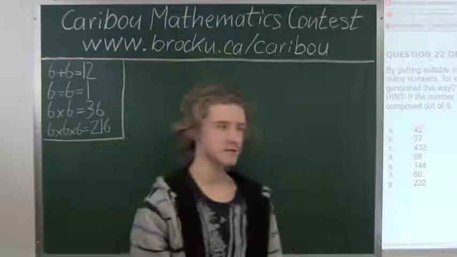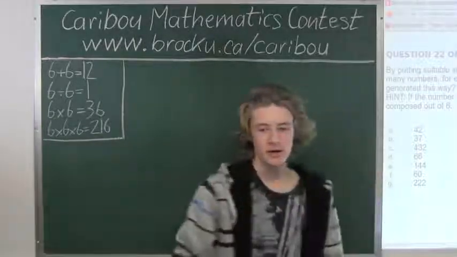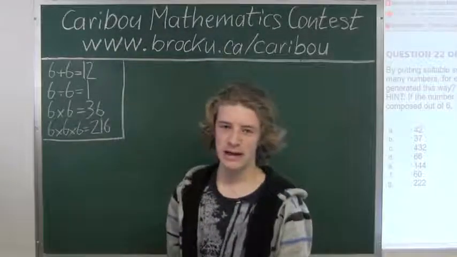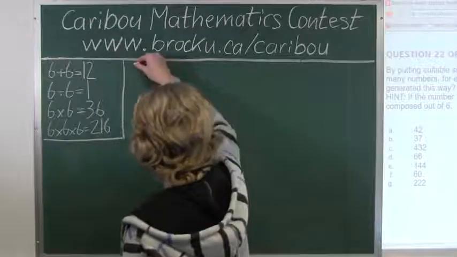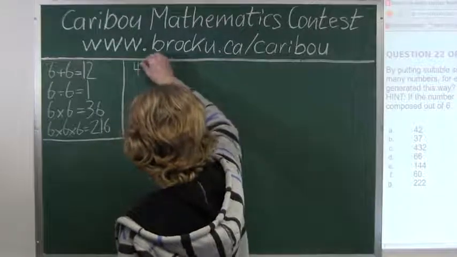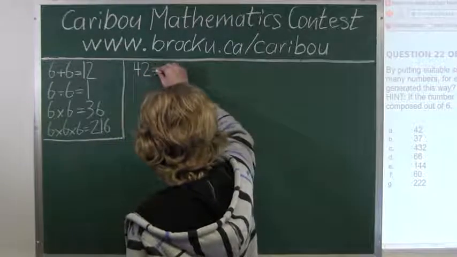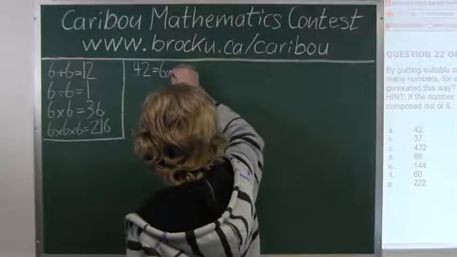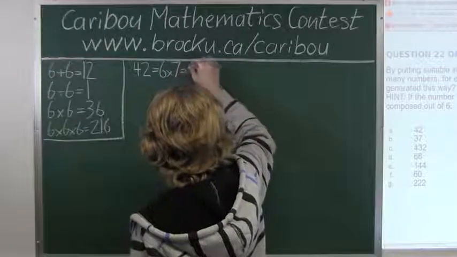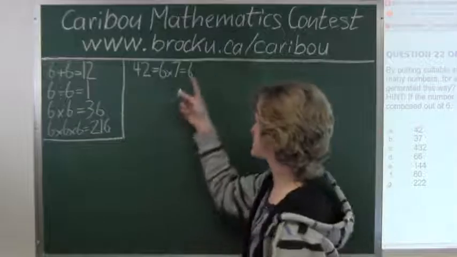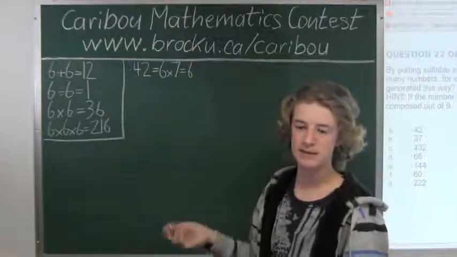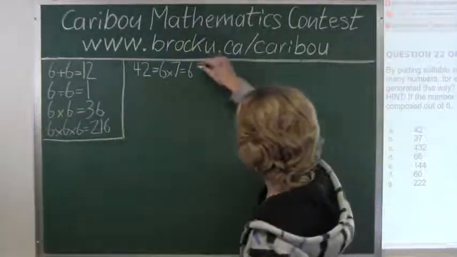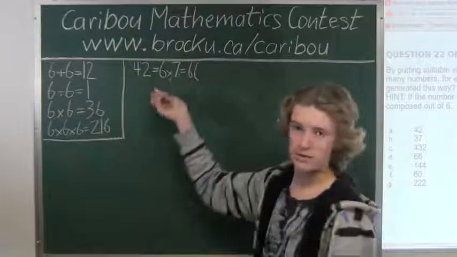So let's start with the first number, 42. So 42 can be written as 6 times 7. So we can keep the 6, and we know 7 would be 6 plus 1. So we know that we can use a 6.